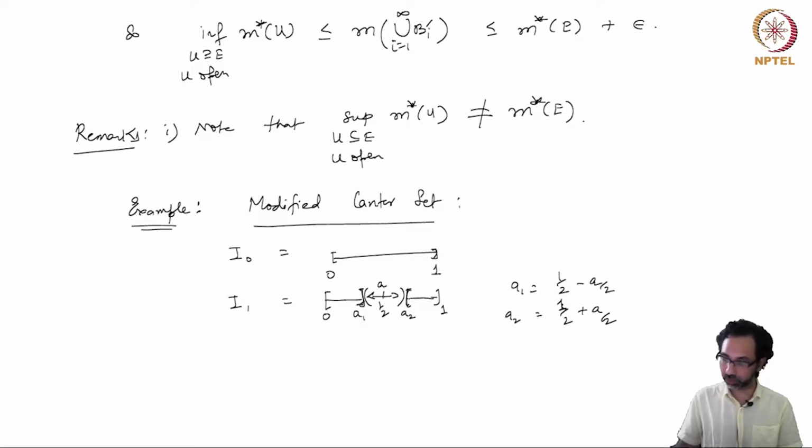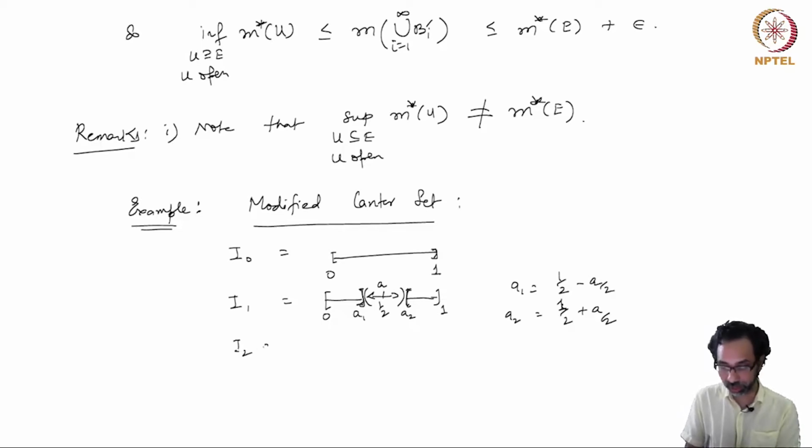Now if you have seen the Cantor set before, in that case A will be 1 by 3, and we subsequently remove subintervals of length 1 by 3 from each of the subintervals that comprise I1. But here we will not do that.